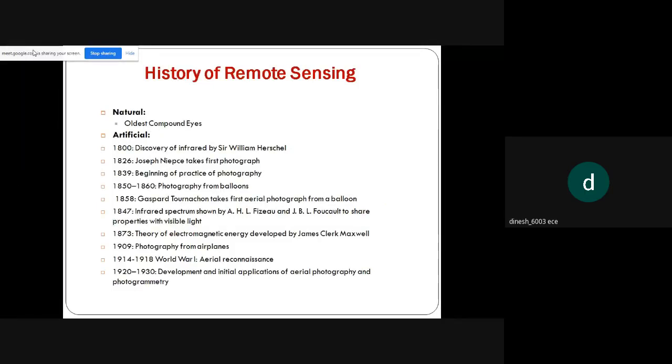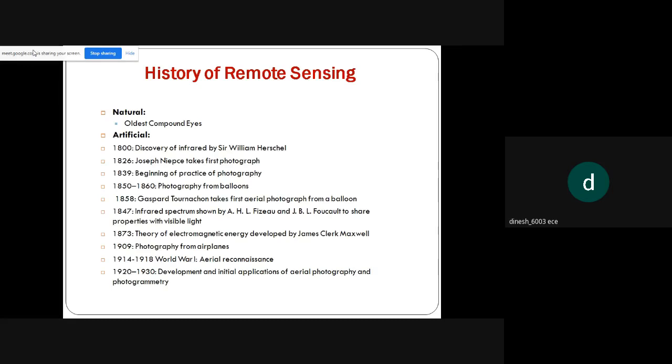The discovery of infrared came first, followed by the first photograph in 1826. The practice of photography came into effect in 1839, and photographs were taken from balloons during the 1850s to 1860s. Then the first aerial photograph from a balloon was taken.